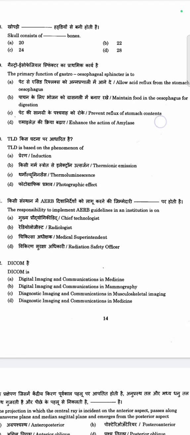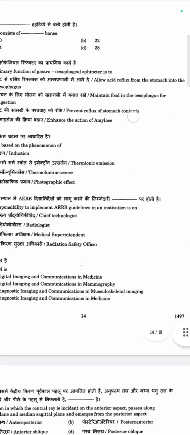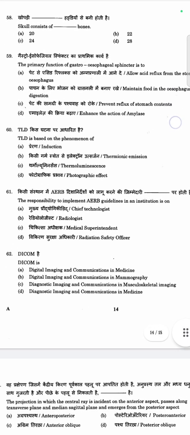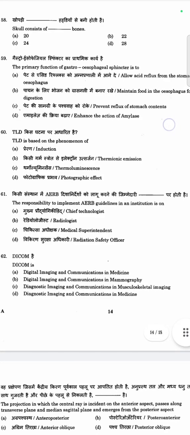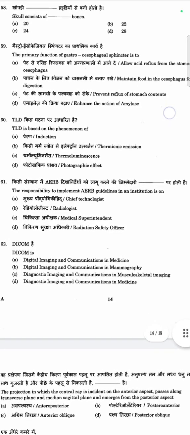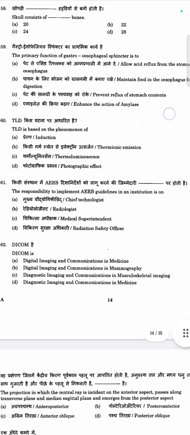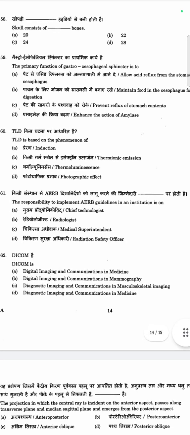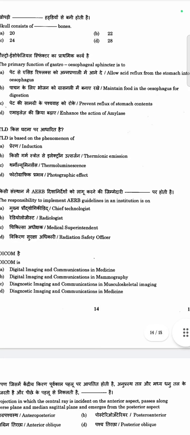No. The sphincter does not maintain the food in the esophagus for digestion, prevent reflux of stomach contents, or enhance the action of amylase. So the answer is B. Maintain the food in the esophagus for digestion.